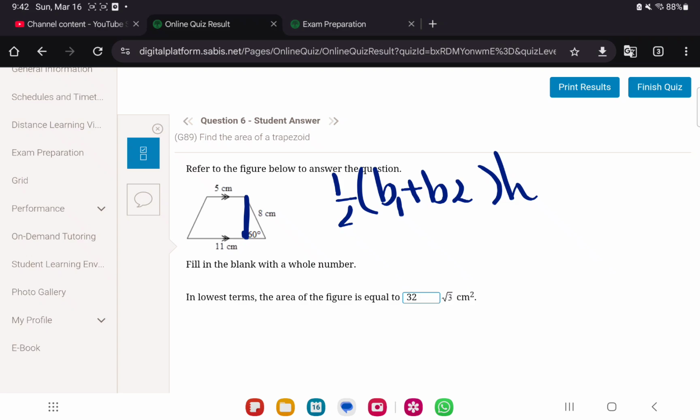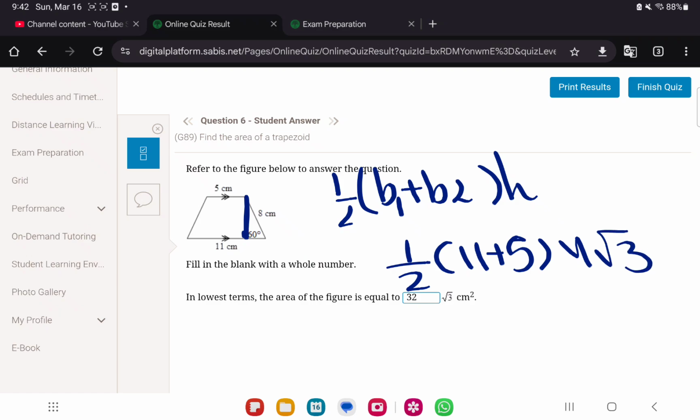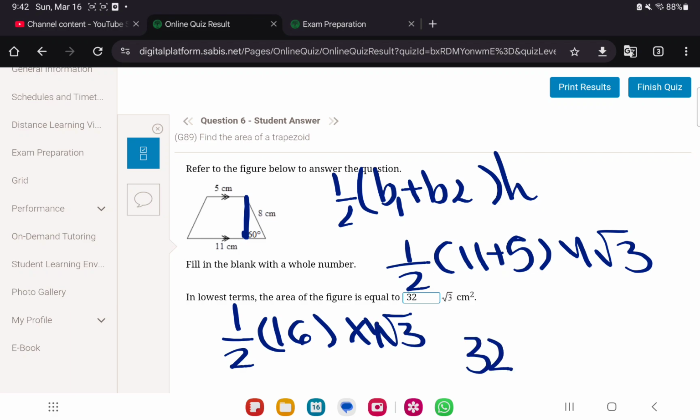So I already showed you how to find the height in the last question. So half of 11 plus 5 times 4 radical 3, because we found the height. It's just the sine rule. Okay, so half of 16 times 4 radical 3, which is 32 radical 3.